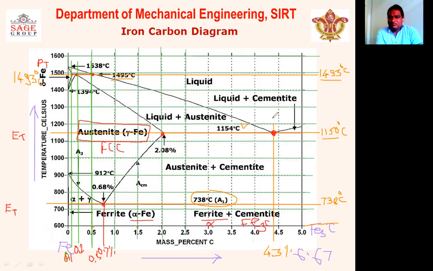So here the alloy is in the form of liquid above this point, and after the eutectic reaction, the liquid phase is transformed to austenite plus cementite. Austenite means gamma and cementite means Fe3C. Right. Now move to the next line.